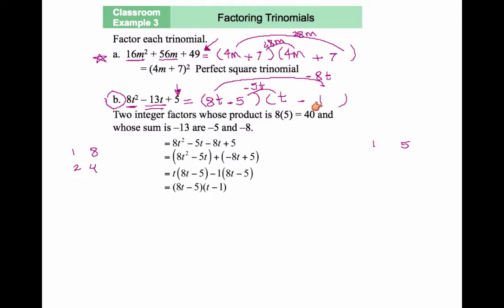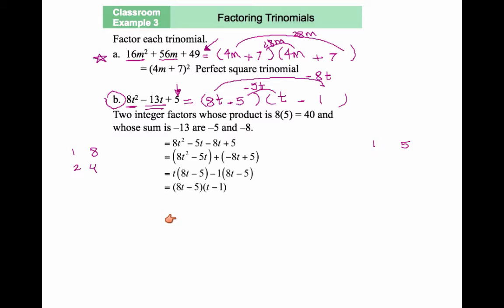And that's one way we looked at how to factor last time. You can use that. Or we can use the other method we learned: break the negative 13 into minus 5 and minus 8, and use factor by grouping, which results in the same factoring.